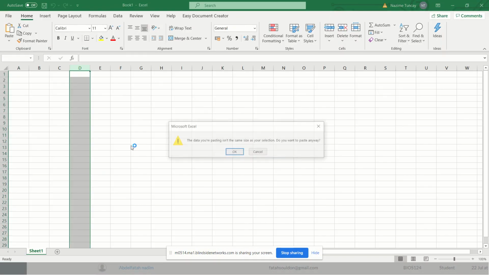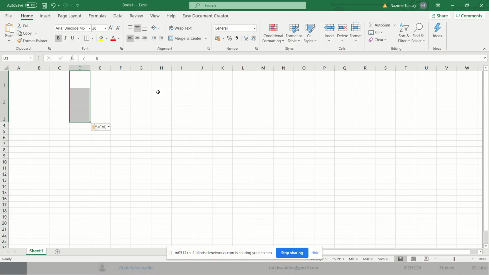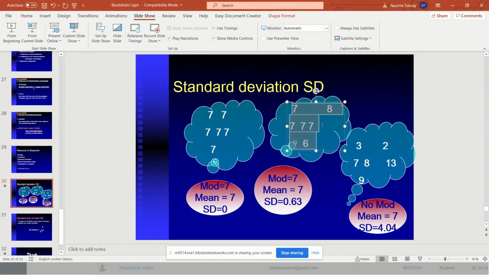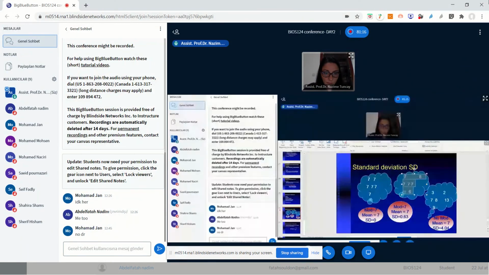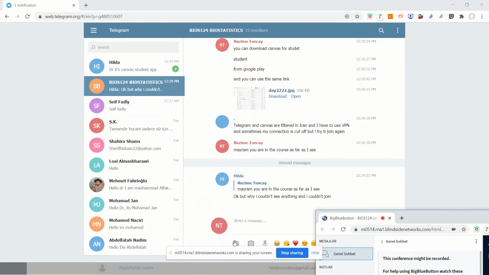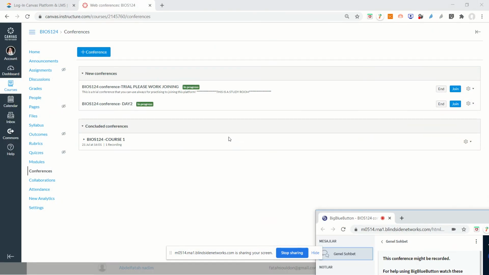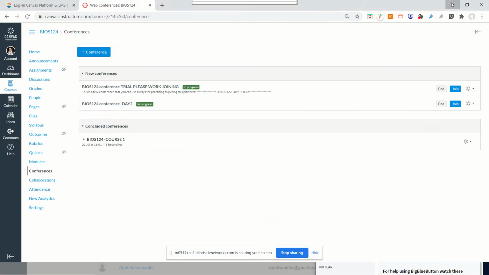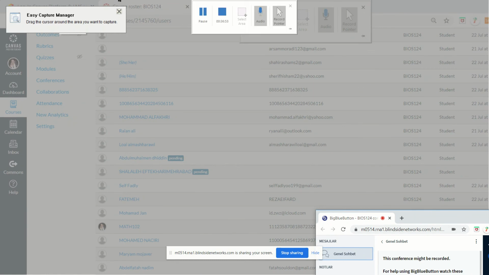So here, I will copy the numbers. Okay, this is it. So, where is Excel? I opened too many windows. You see, when I open too many windows, it may be confusing.